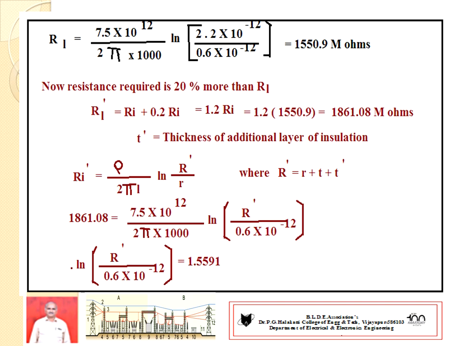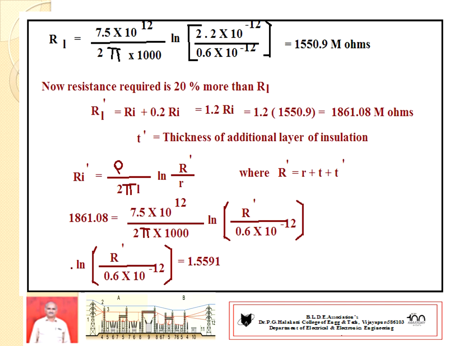So second case, R1 dash equal to R1 plus 20% of R1, that becomes 1.2 times of R1. So 1.2 times of 1550 mega ohms. The resistance value should be increased by 20%. So let T dash be the thickness of additional layer of insulation.